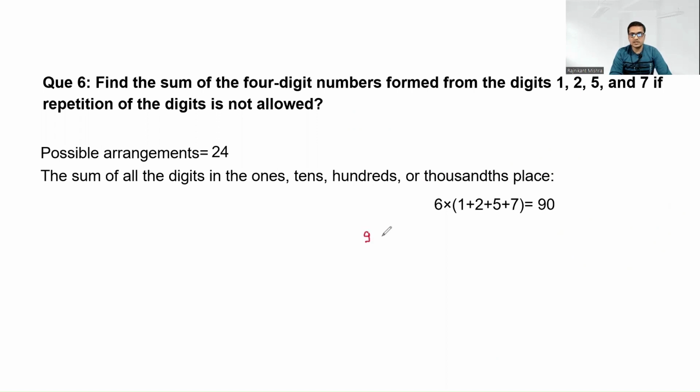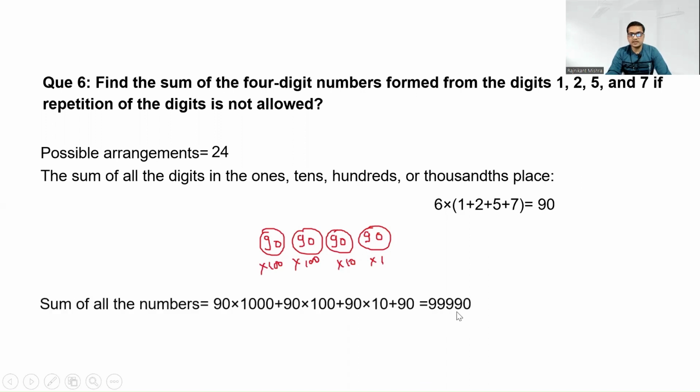Now sum of the numbers at unit places is equal to 90, sum of the numbers at tens place is equal to 90, sum of the numbers at hundreds place is equal to 90, and sum of the numbers at thousand place is equal to 90. This is unit place, tens place, hundreds place, and thousands place. The total sum is equal to 99,990.